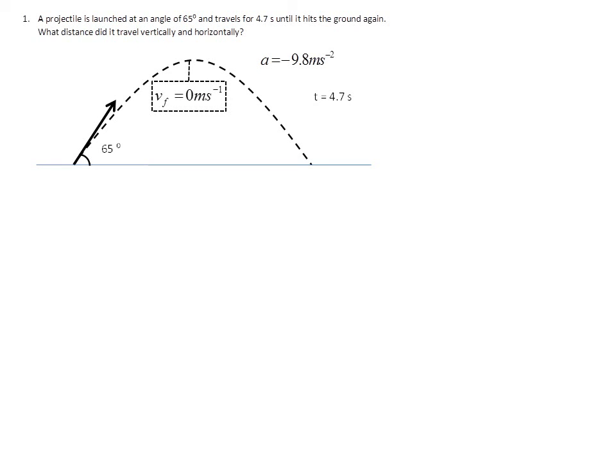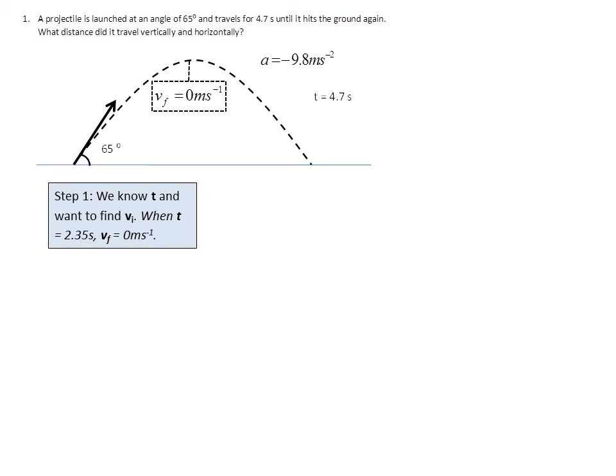And we know that halfway along, our vertical velocity is going to equal 0 meters per second. So knowing the acceleration and knowing the final vertical velocity, we also know the time, 2.35 seconds, because it's half of the total time. When final velocity equals 0, half the total time is 2.35.